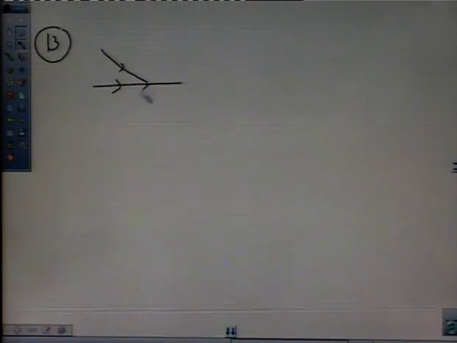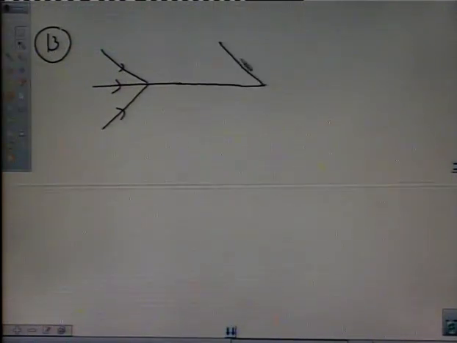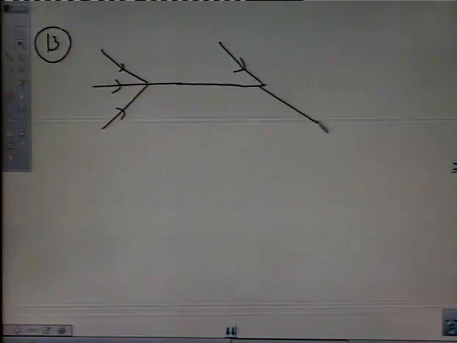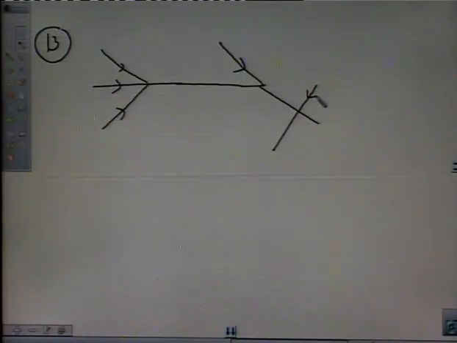Now the next question. We have given a diagram. So this is the diagram.